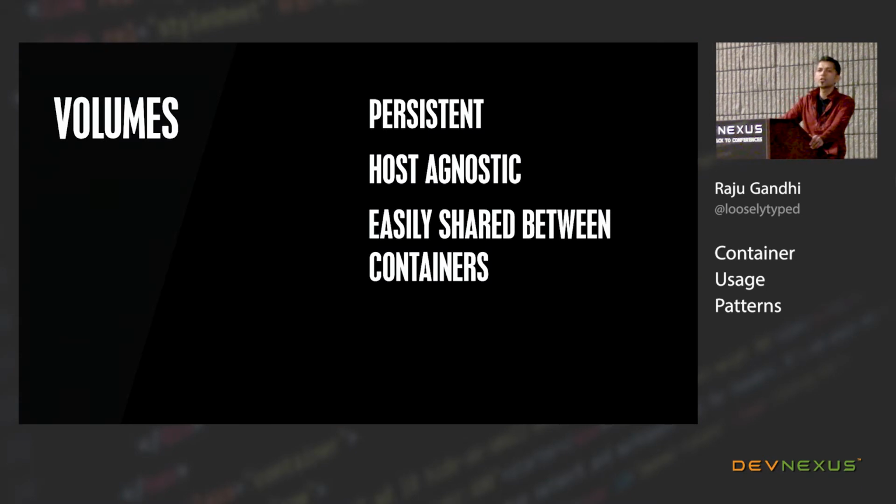If you are mounting your host file system, let's say I'm on Windows, you are on Linux, what am I going to mount? I'm going to mount C:, is Windows / or /? How many of you don't remember? Do you see the problem? So the problem is if you mount a file system using a host file system, what you tend to do is put paths that are not host agnostic. Whereas with this, all you're doing is creating a sort of USB drive that's managed by Docker.